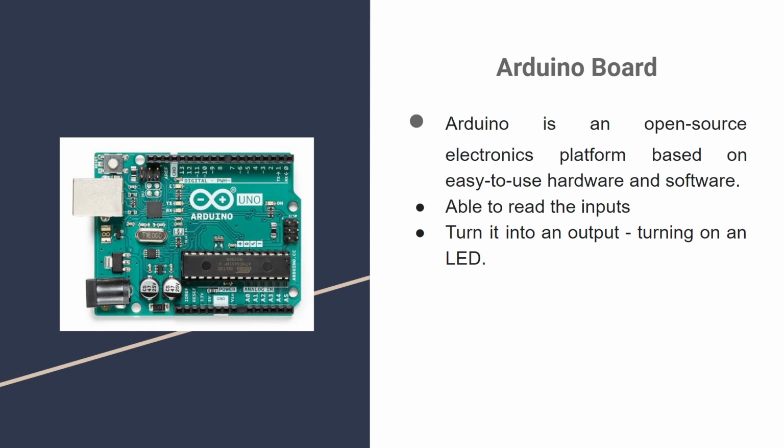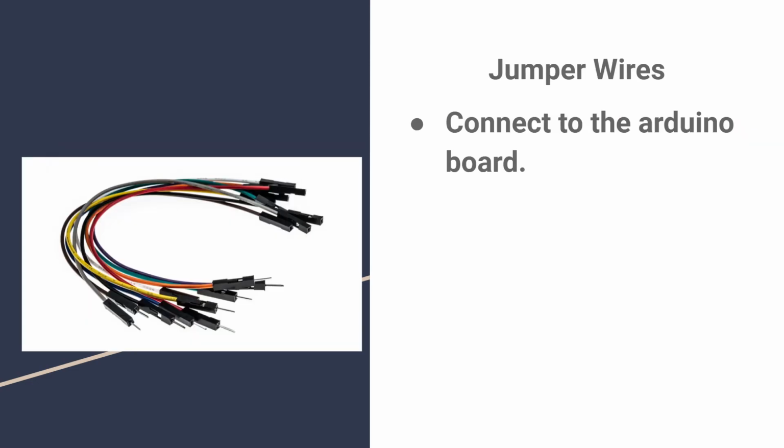When the IR sensor detects the other bracelet, it will give the output for the user, which is the LED or the vibration. The third product is the jumper wire, which we use to connect the Arduino board with the IR sensor.